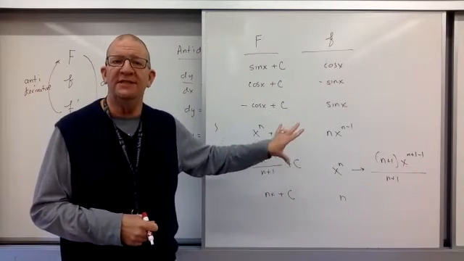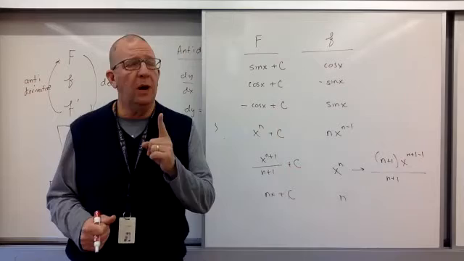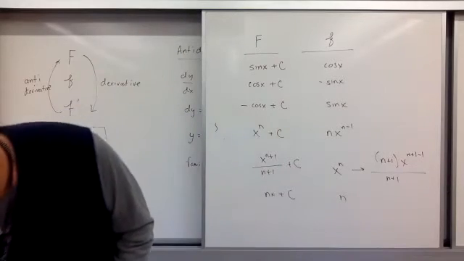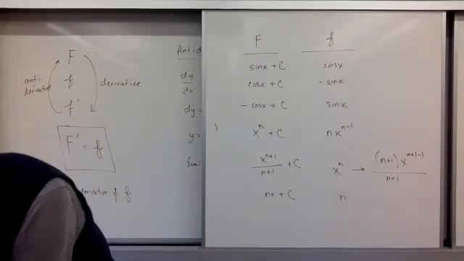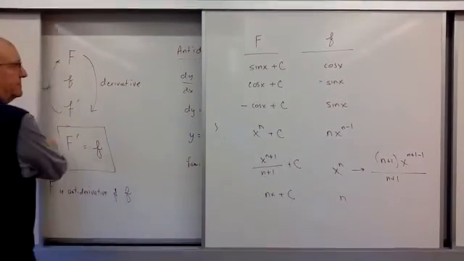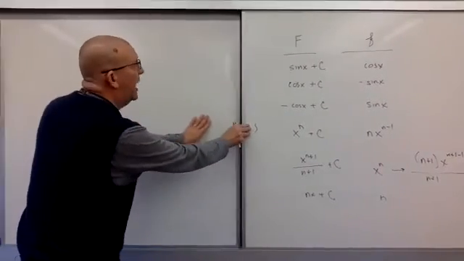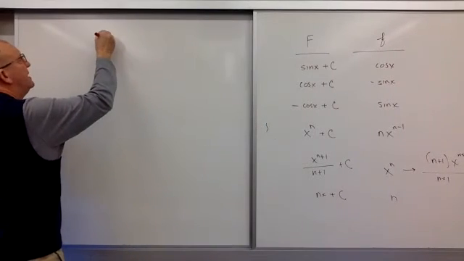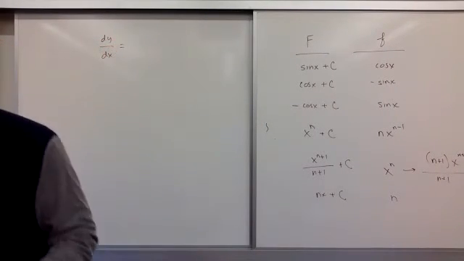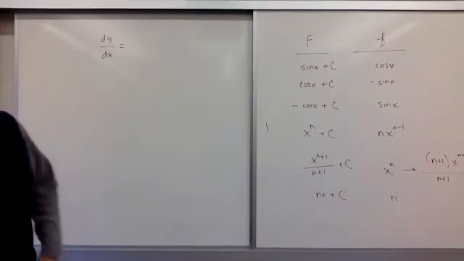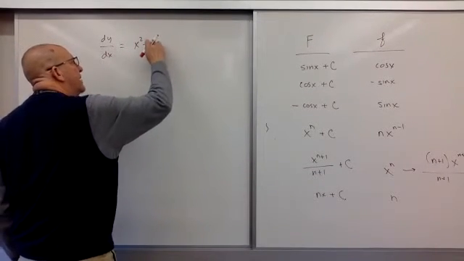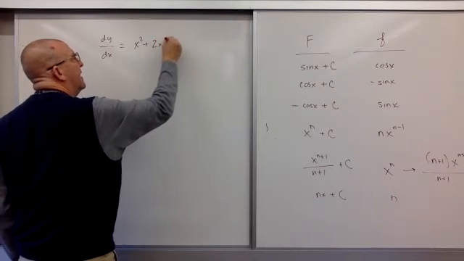And let's deal with the c. Let me show you one problem that deals with the c. It might be something like this. I might say, okay, here's a dy dx. Here's a derivative for you. This is going to be our friend, x squared plus 2x plus 1.